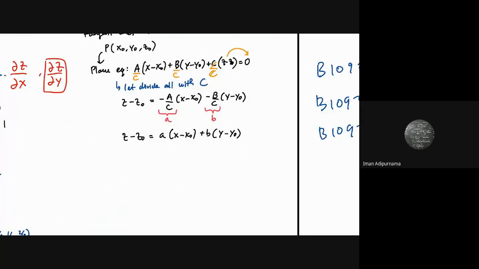So when y is y0, that means this is becoming 0, right? And we have z equal a. Okay. And then when x equal x0, okay, similarly.